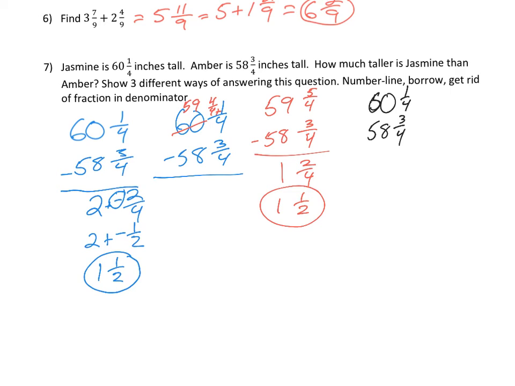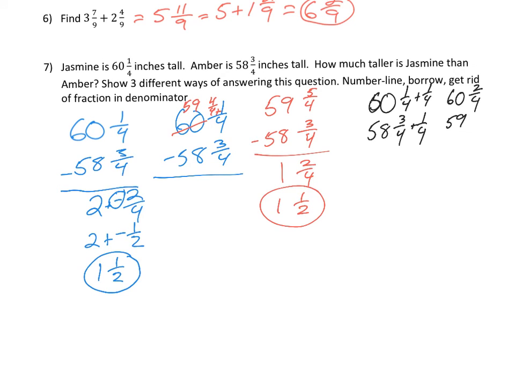So if I look at the 58 and 3/4 and I add 1/4 to it, I'll make sure I have to do that with the other one. If I add 1/4 to both of them, the difference between them is still going to be the same. So 60 and 1/4 plus 1/4 is 60 and 2/4. And 58 and 3/4 plus 1/4 is 4/4. That's a whole one. And that gives me 59.